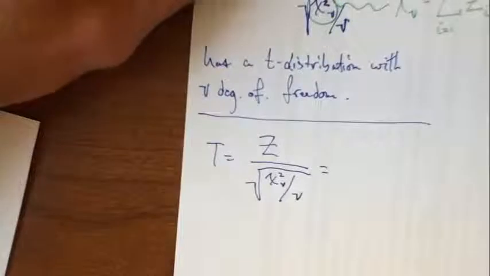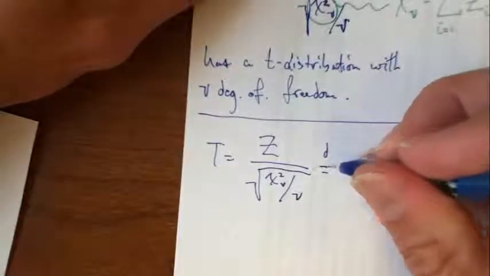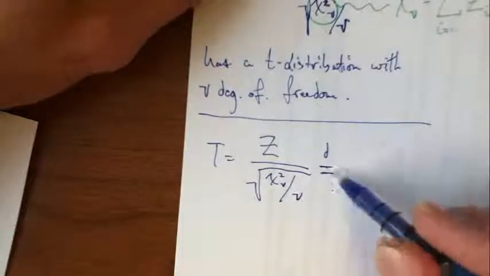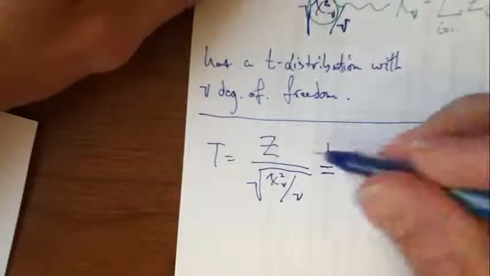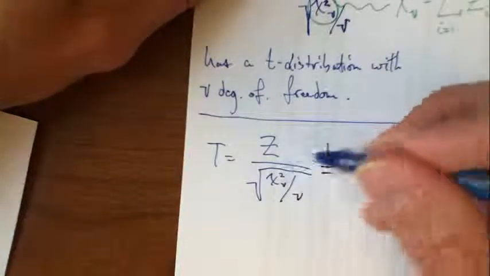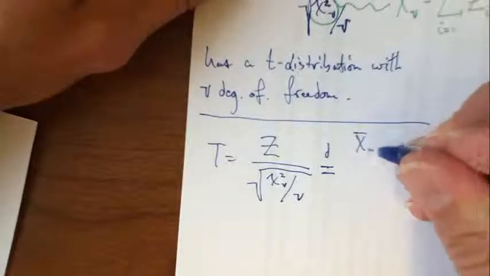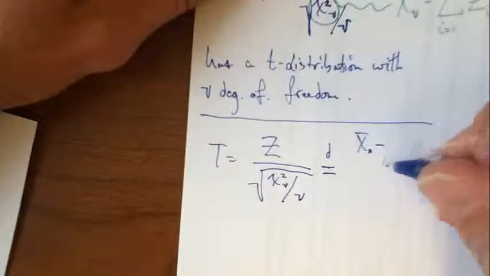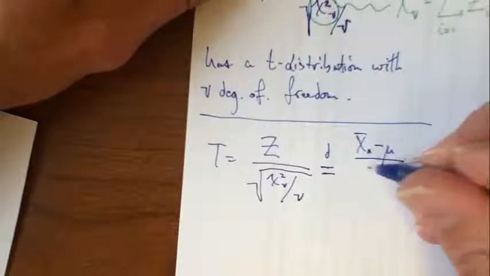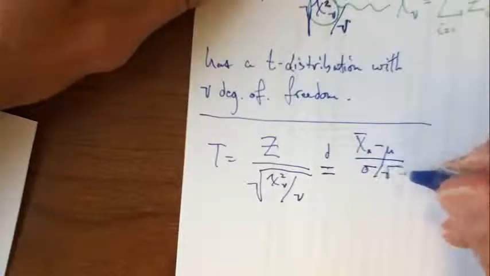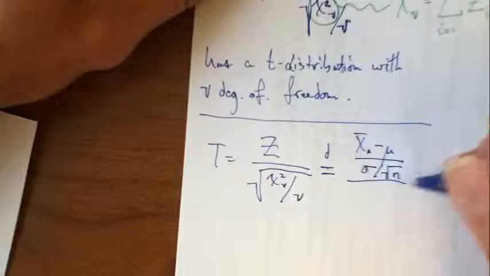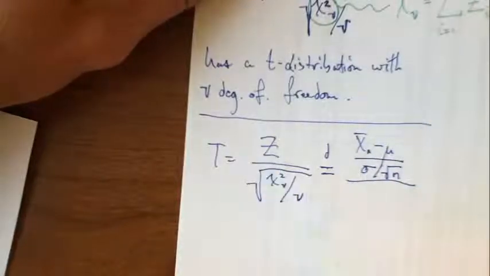Well, I know that this z, this standard normal, is equal in distribution to x bar, my sample mean, minus its mean over sigma over root n. All of this stuff behaves like a standard normal.